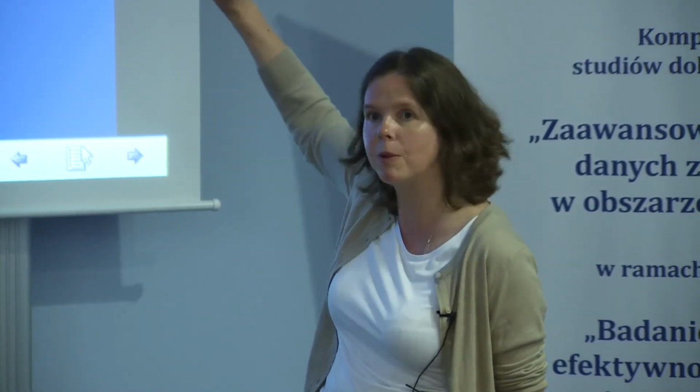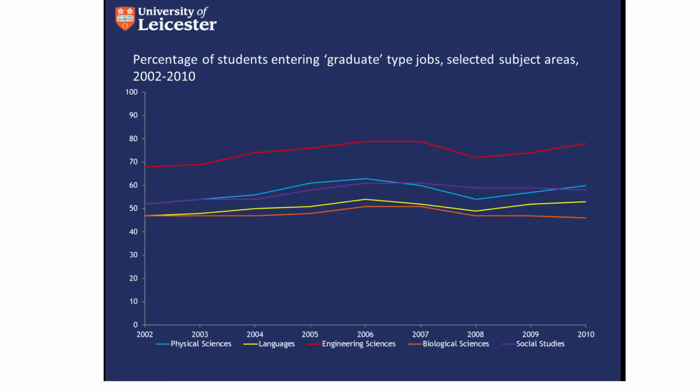But biology is quite interesting because that is an area that has seen some increase in numbers in terms of studying the subject at university. But that has not really been reflected in their employment data in terms of graduate jobs, which remains amongst the lowest of all the STEM undergraduate subjects.